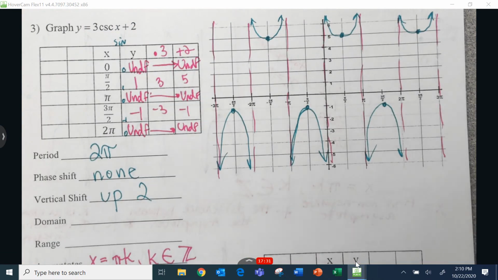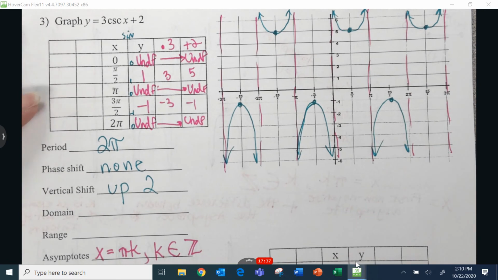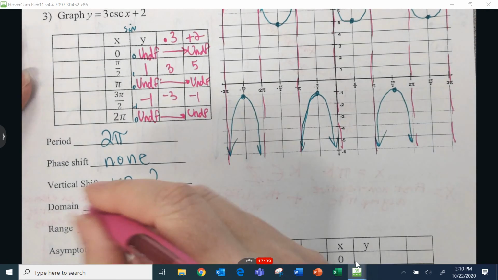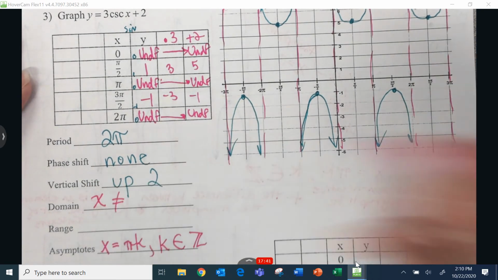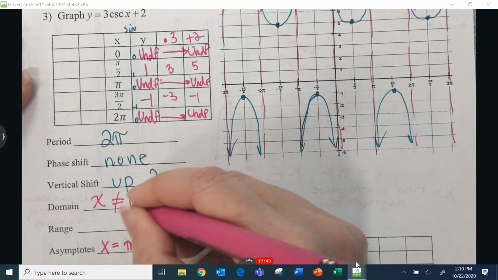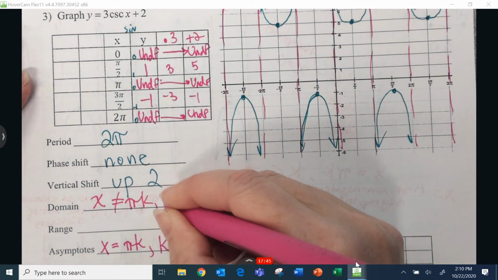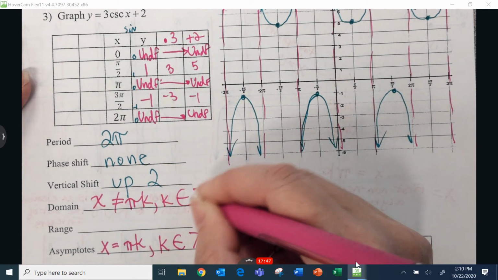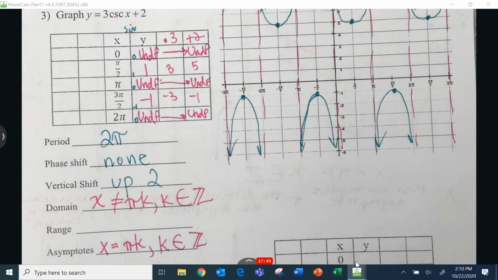Because of that, I'm not going to write it in interval notation because we can't. So we will write this one in set notation, which is basically just saying that x does not equal the asymptotes, pi times k, where k is an element of the integers. So if you can get your asymptotes, then you can get your domain.